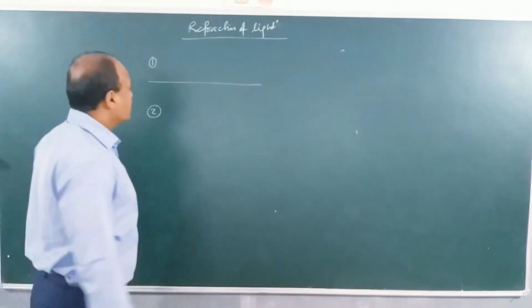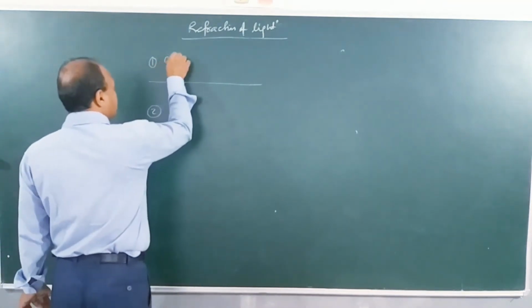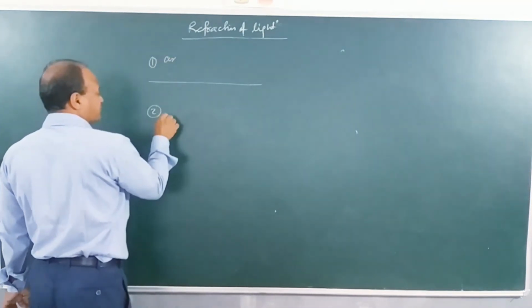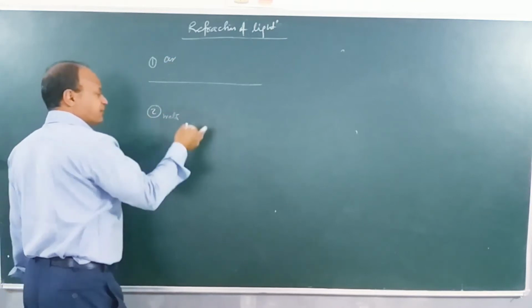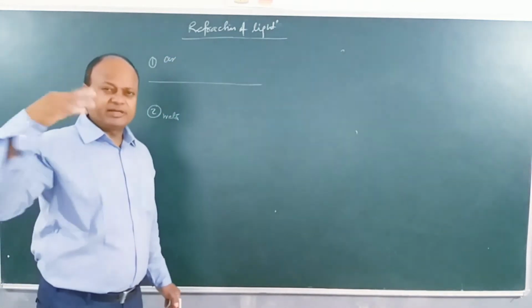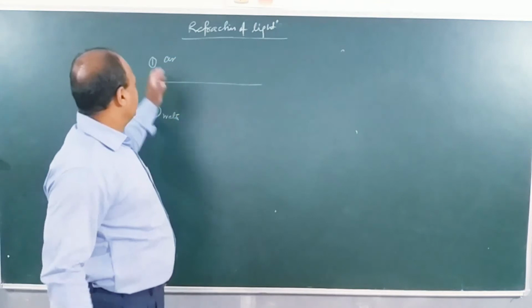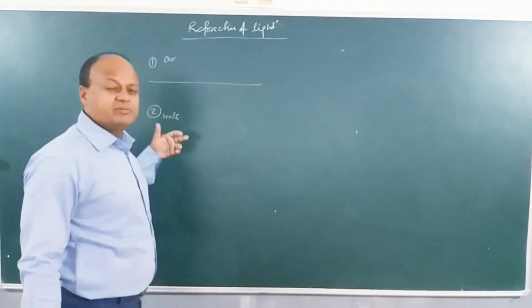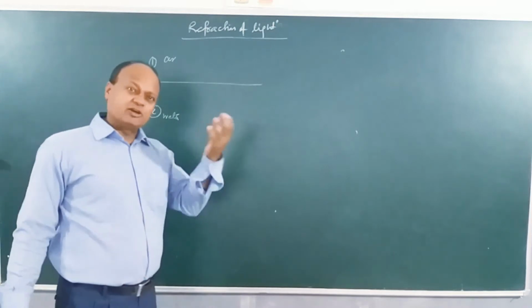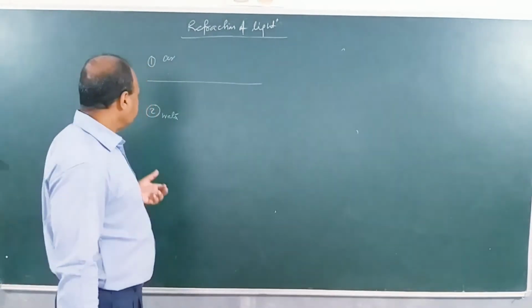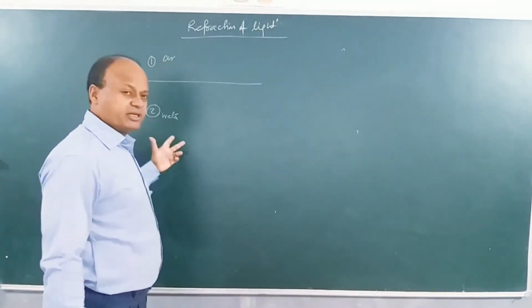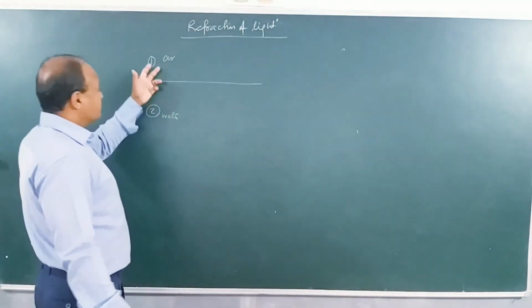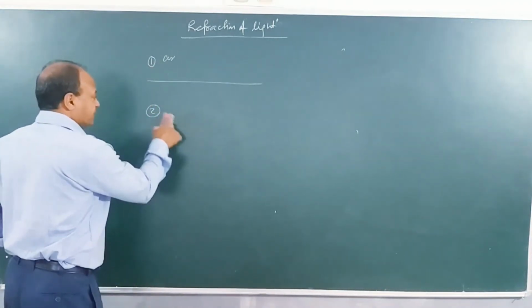For example, we can have air out here, and here we can have water. We can have glass. We can have anything. For example, air and water. Why am I saying air? Because generally we see light always in air. Light is traveling from medium 1 to medium 2. But you don't have to understand it's always air and water. It is only for example.